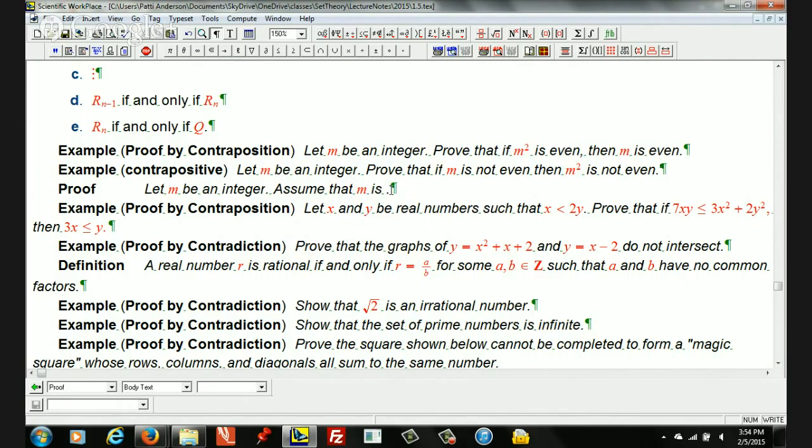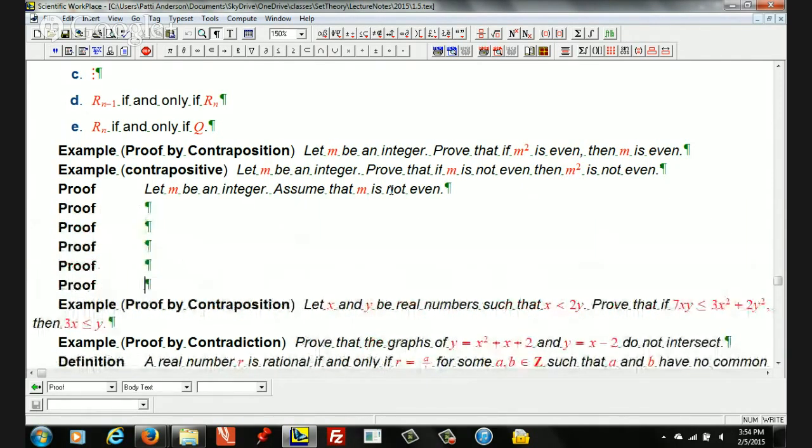I'll go with that and then get to the odd. Well, if m is not even, and remember we're trying to get down to show that m squared is not even. That's where we're trying to get to. What does it mean to not be even? That means it's odd. And if m is not even, then m is odd.